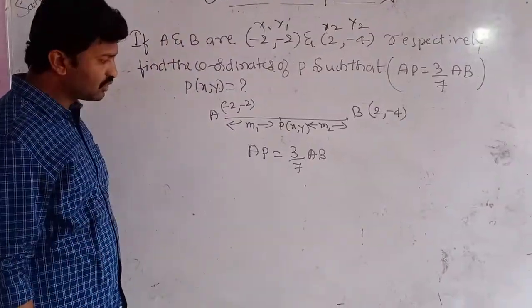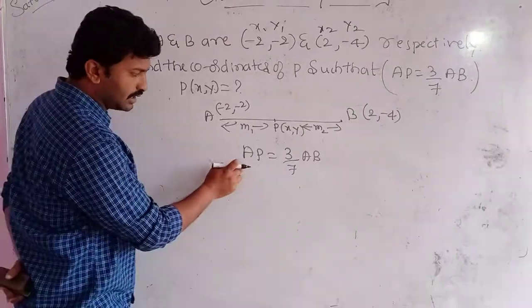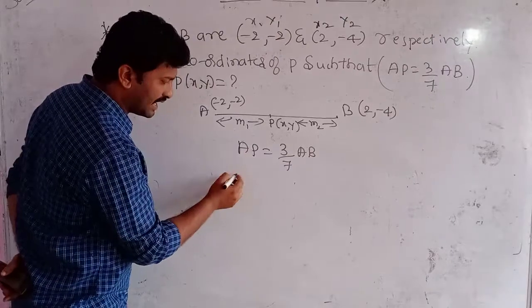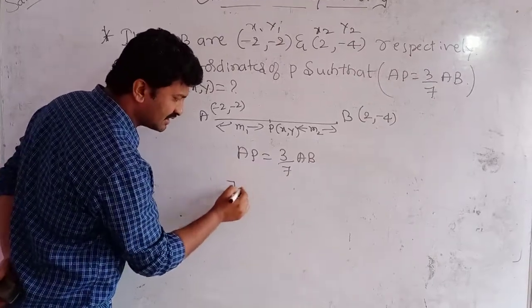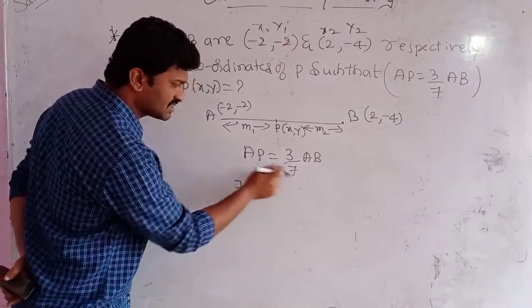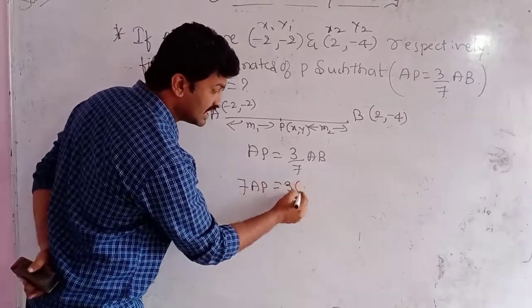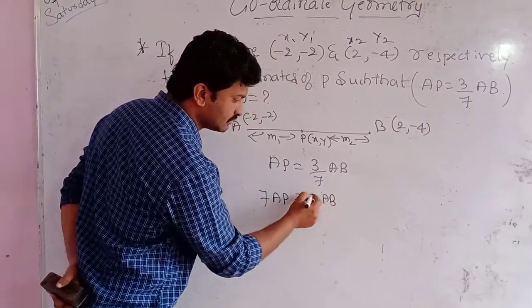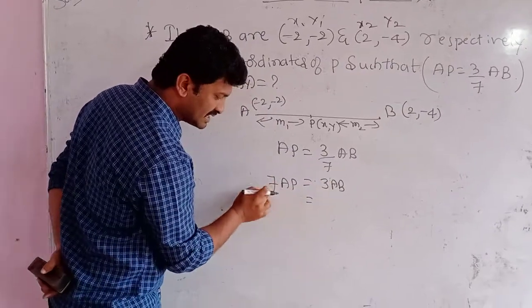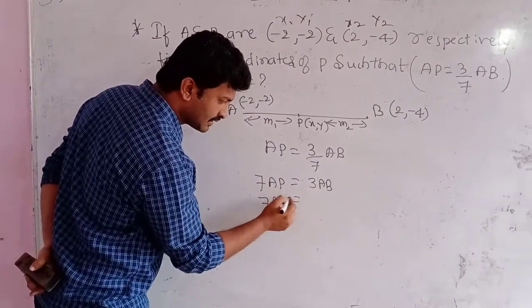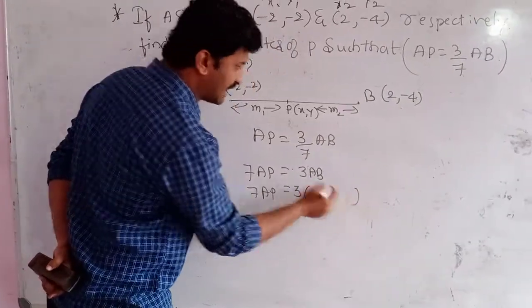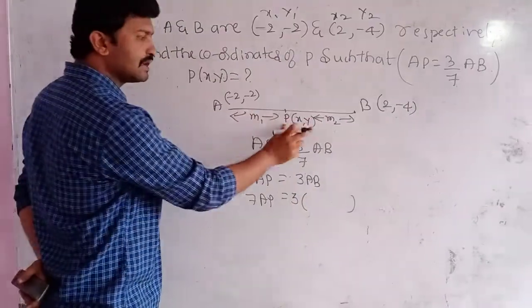We'll do one thing. The hint is AP equals 3 by 7 AB. Cross multiply: 7 AP equals 3 AB. Now I'll write 7 AP as it is, 3 as it is, and AB can be written as AP plus PB.